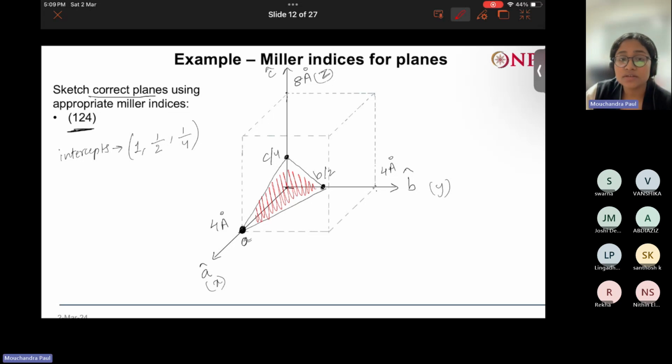Have you guys understood? We'll do one more example. Then in that example, you will answer where the intersect point will be. But just let me know if you have understood this particular example or not. Okay, I got one thumbs up. Anyone else would like to indicate that they have understood?